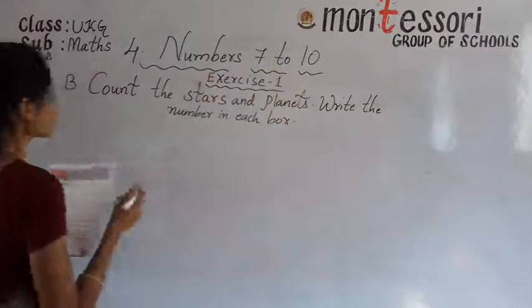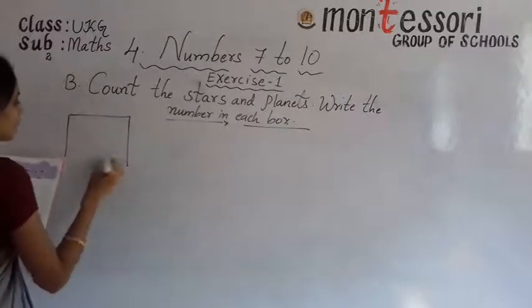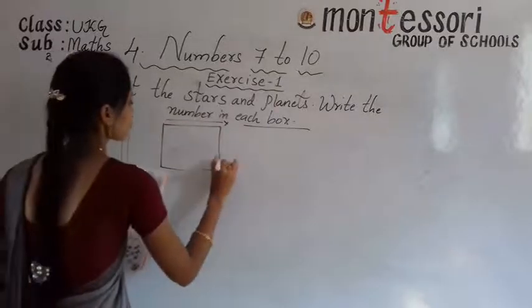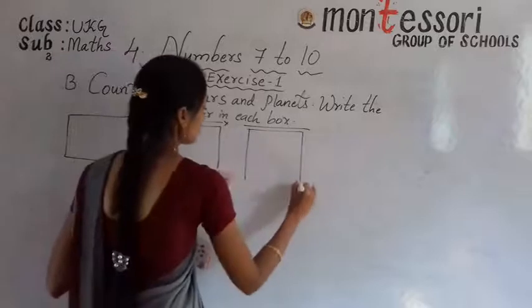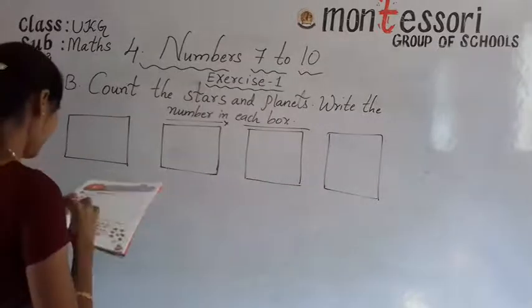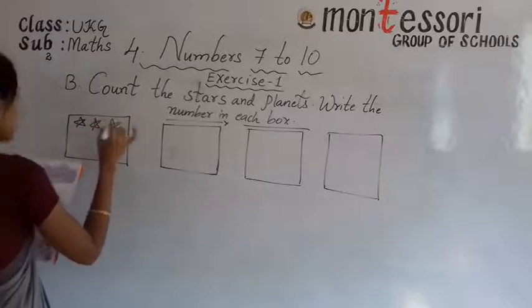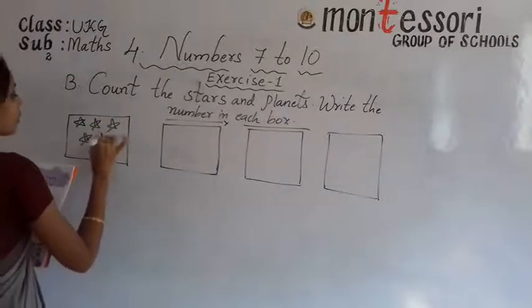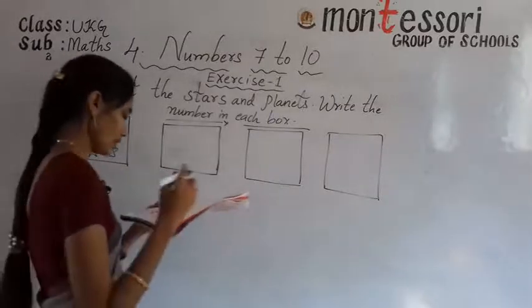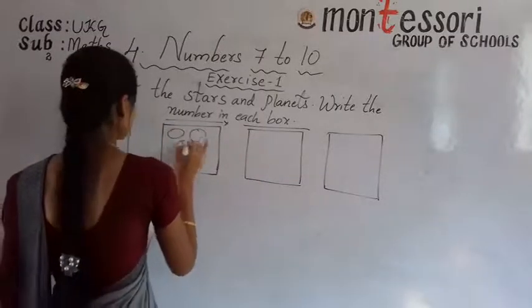So what do we have to do to know the number? We have to count the number of stars and the number of planets in each box.